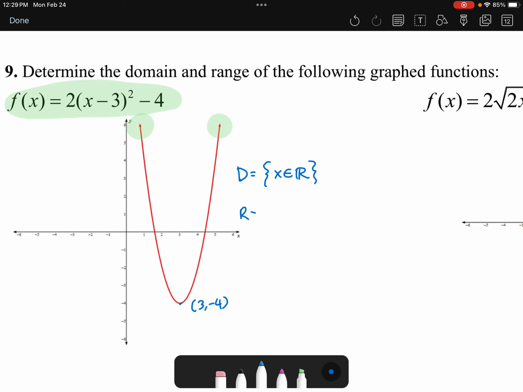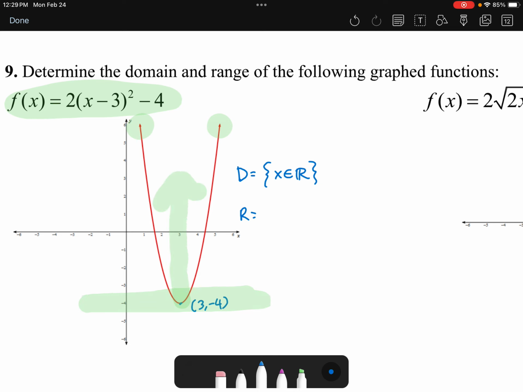For the range, we need to take a look at what possible y values this parabola will have. It is going to reach a bottom of -4, but then continue to go up, and it'll get taller and taller and higher and higher.